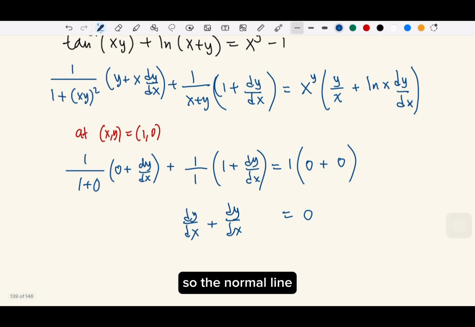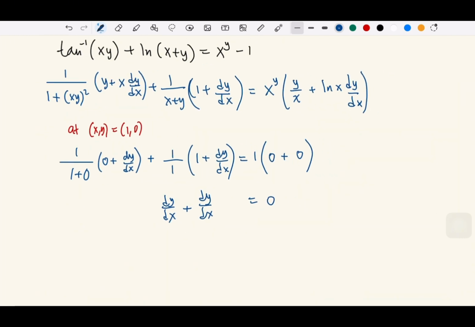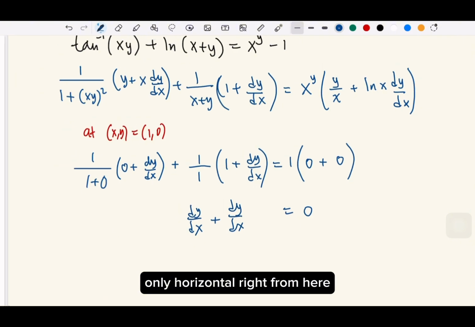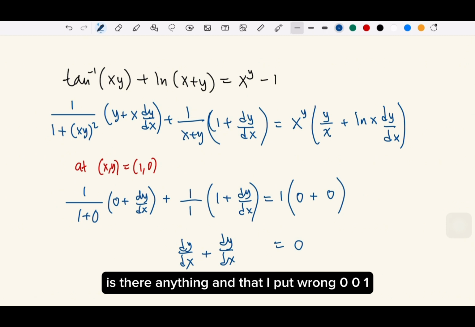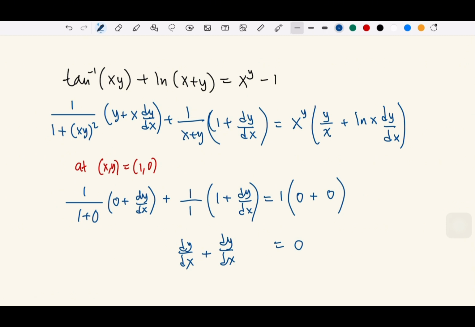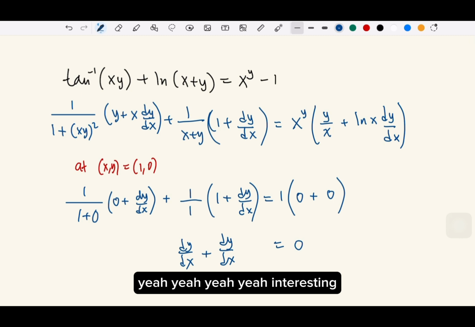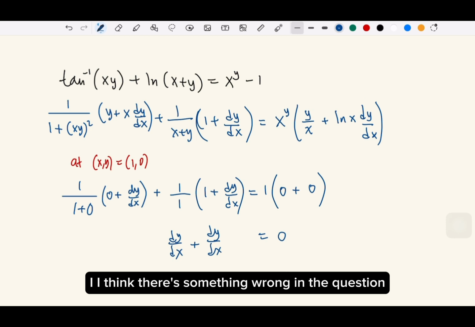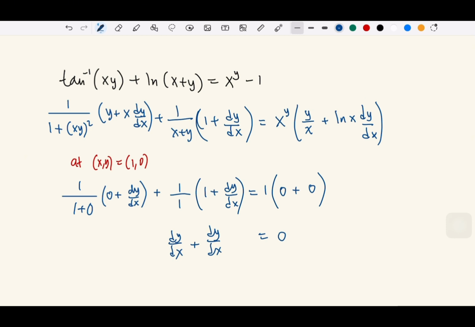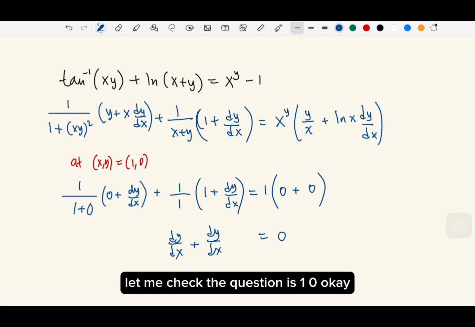So the normal line is only horizontal, right? Is there anything that I put wrong? 0, 0, 1. Yeah. Interesting. I think there is something wrong in the question, but I forgot which one. This should be 1 over 2. Let me check the question. It's 1, 0. Okay.